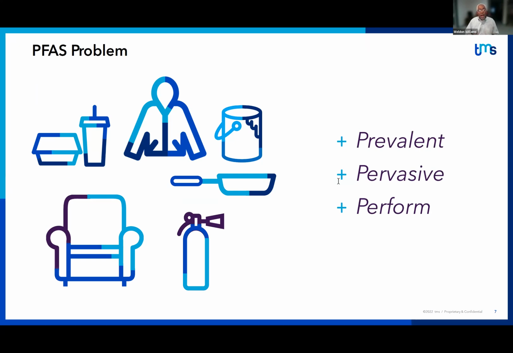And the reason why they're everywhere is because they perform. The line that I use with people all the time, when they say, why do you use plastics, or why do you use fluorinated chemistries? Because they work. They get done what we want done as it pertains to protecting and containing the goods we're conveying to our consumers.